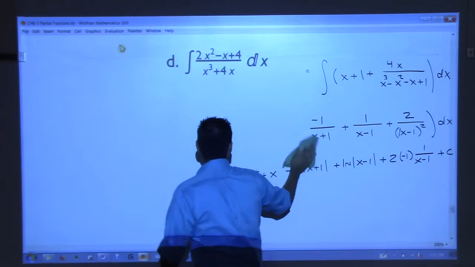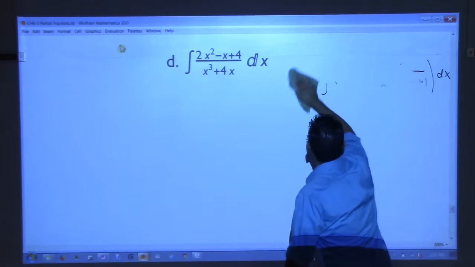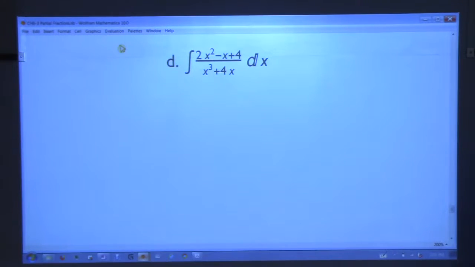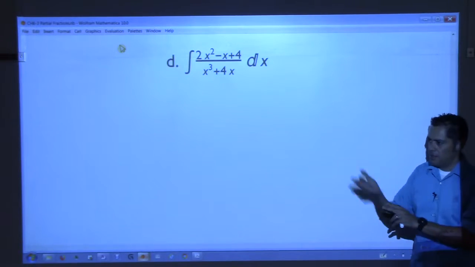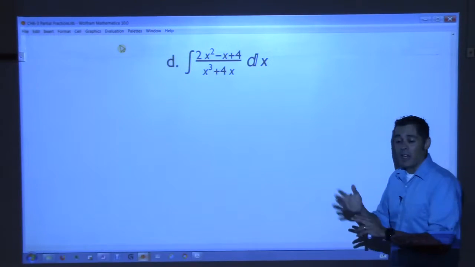So the next test that's coming up, not next week, but the following week, I would say there are 2 main ideas on that test: trigonometric substitution and rational functions, or integration, not integration by parts, partial fraction decomposition.